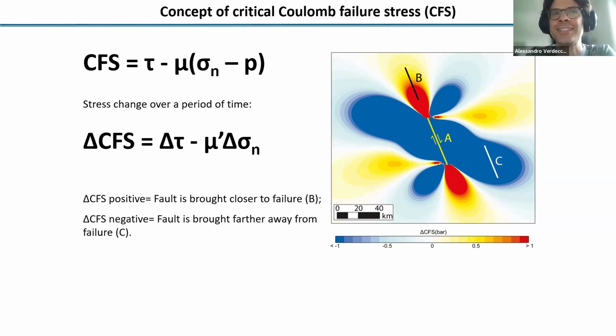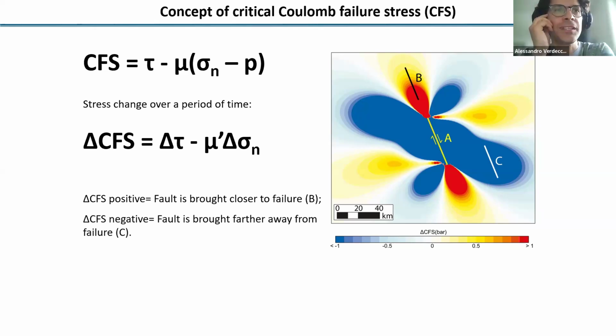This is what you see in the first papers that came out about Coulomb failure stress, where the zero stress change was not white but green. And for the 10% of men, actually, that are colorblind, it is not very nice to look at these figures.